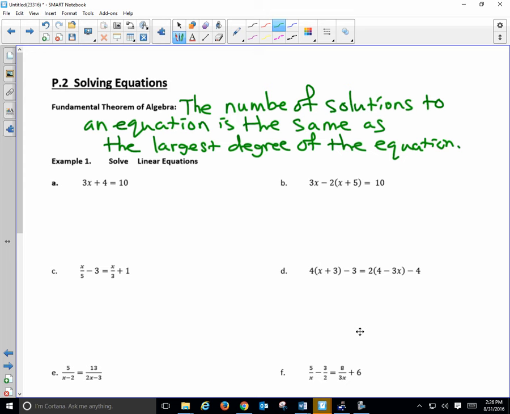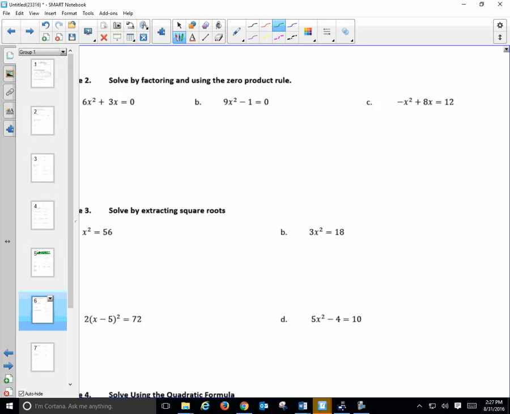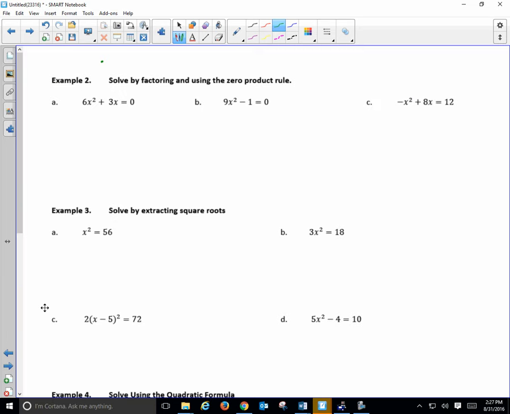Can somebody tell me what is the power of the x right here? What is the exponent? It's just 1. So therefore, there are how many solutions? 1. What is the largest exponent here?